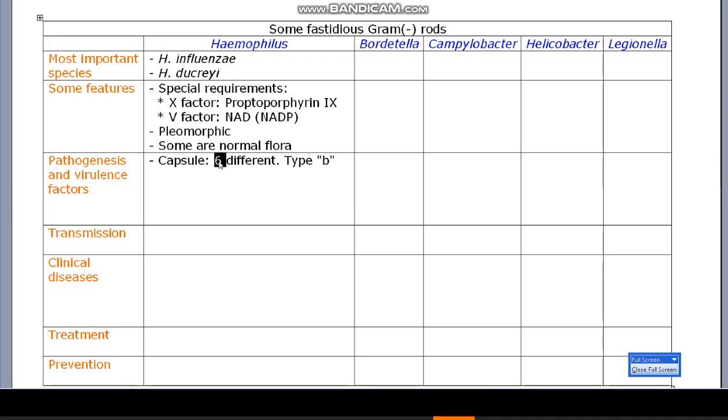We give different names to them: A, B, C, D, E, F. The most important is type B. So the most important pathogen is Haemophilus influenzae type B. We can summarize as Haemophilus influenzae type B. This is the most important. And also other factors, but not so important.